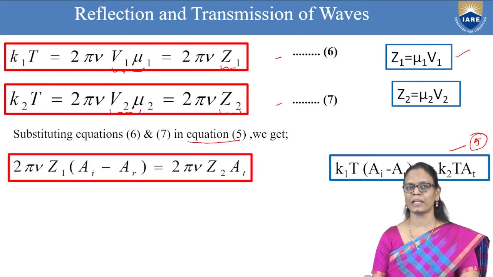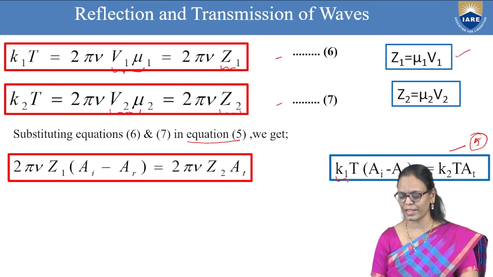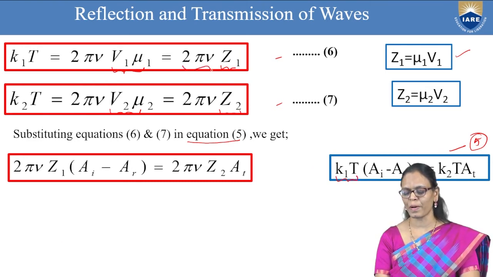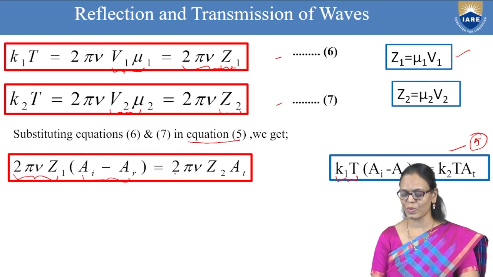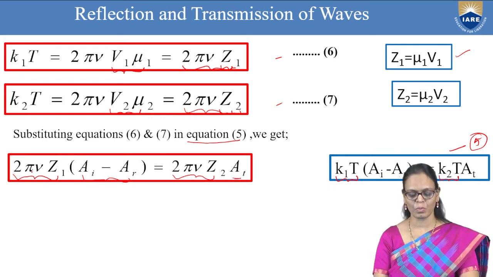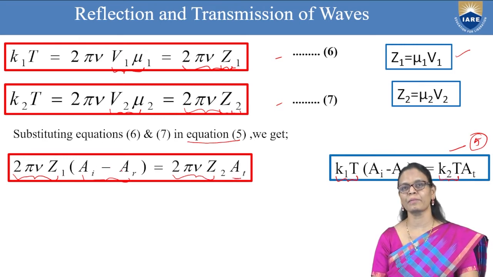For K1t I am substituting 2 pi nu Z1, so 2 pi nu Z1 into AI minus AR on the left hand side. This will be equal to, for K2t, 2 pi nu Z2 into AT. So 2 pi nu Z1 into AI minus AR is equal to 2 pi nu Z2 into AT.